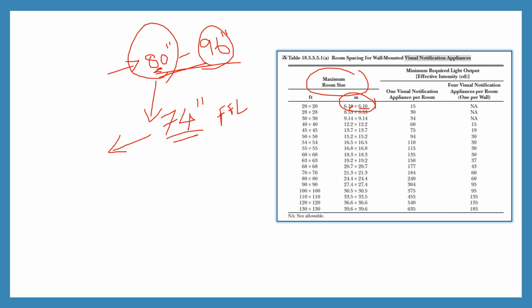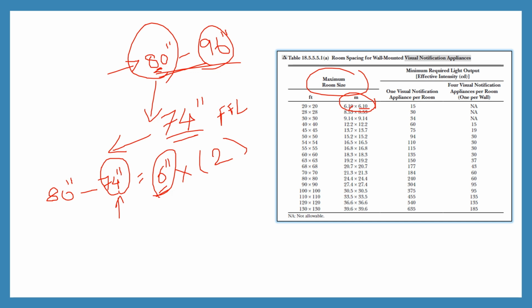So now you have 80 inch, and you need to subtract the 74 inch installation height from 80 inch, so the difference will be 6 inch. Whatever result you get, you need to multiply by 2, so here you will get 12 inch.